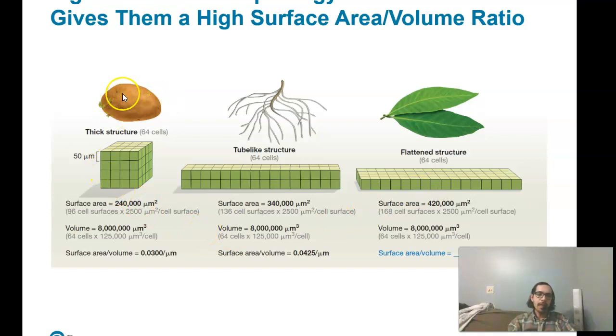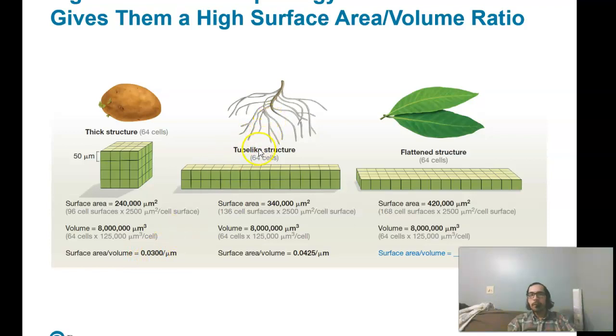So when you look at something thick and robust like a potato, which is part of the root, and you divide its surface area by the volume, you'll get a surface area to volume ratio of 0.03.